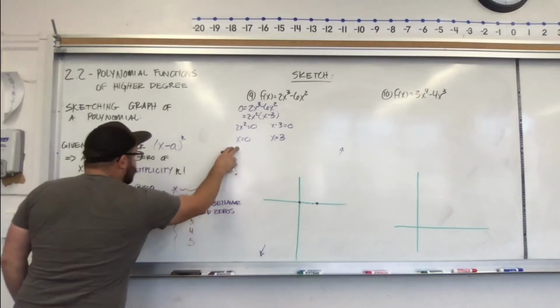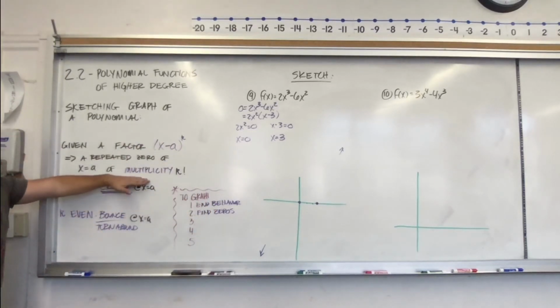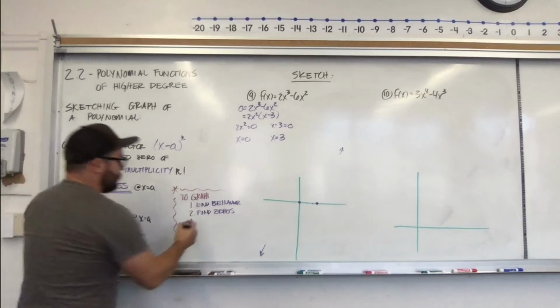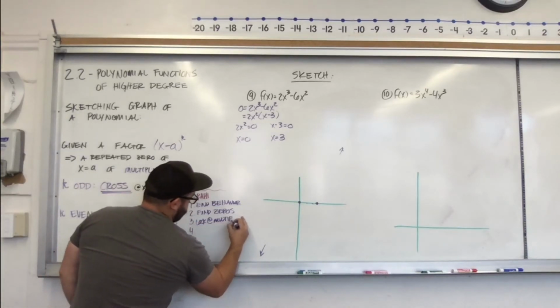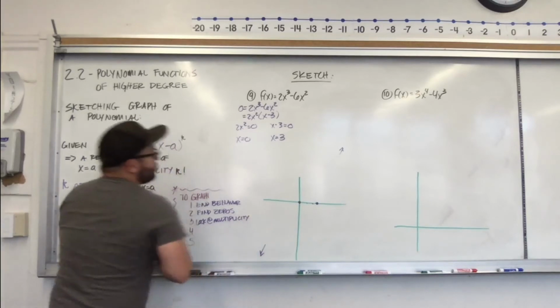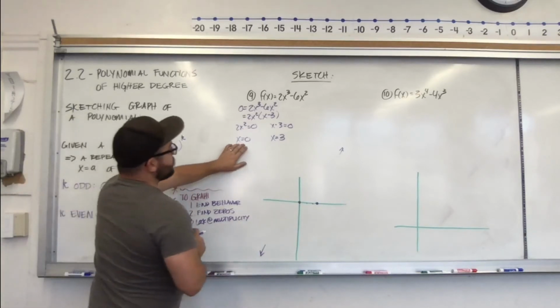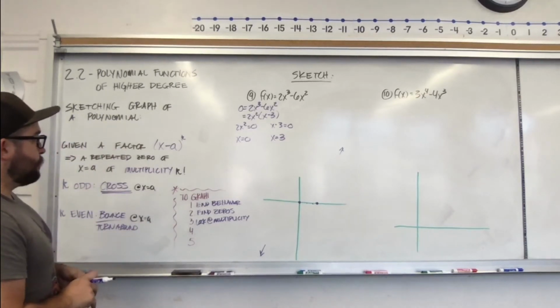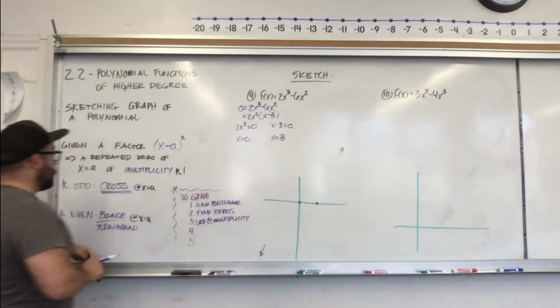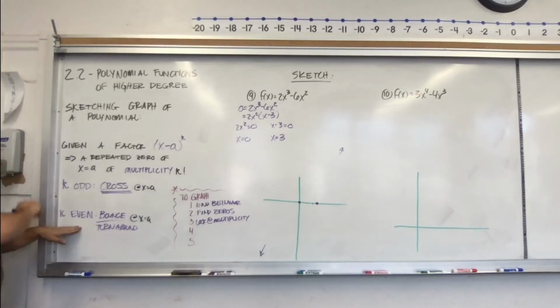After we find the zeros, we want to look at the multiplicity of each of these. For x equals 0, take a second and think what the multiplicity of that was. Again, if it's odd, it will cross. Even, it bounces at that point.